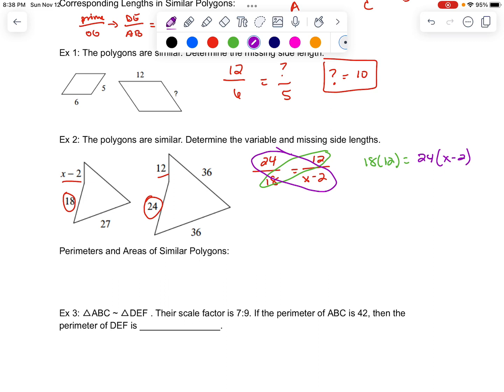So if I'm looking at this, I get 216. And then on the right side, depending on how you want to do it, you can distribute, and that's totally fine. I'm going to do it that way, so it's set up just as an algebra problem. And then I'm going to move that 48 over, and then I'm going to divide by 24.